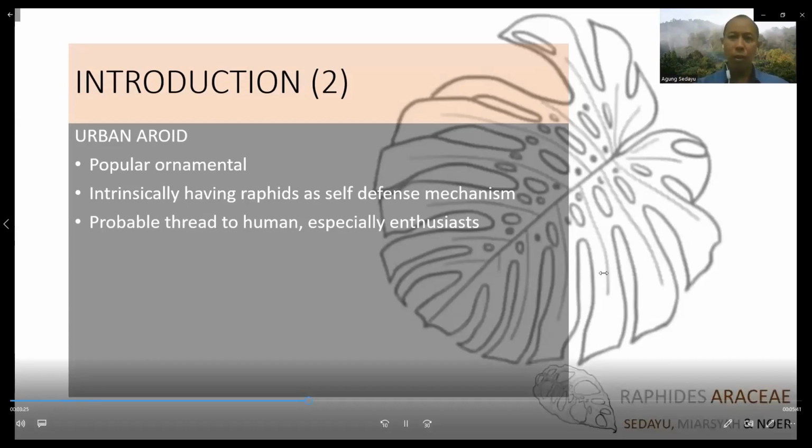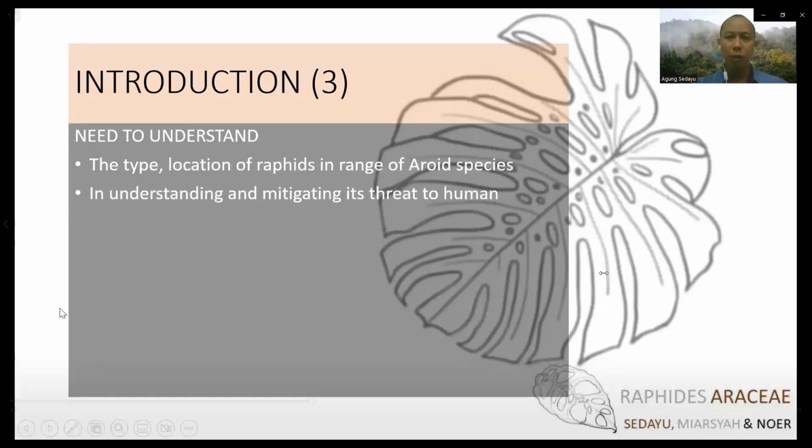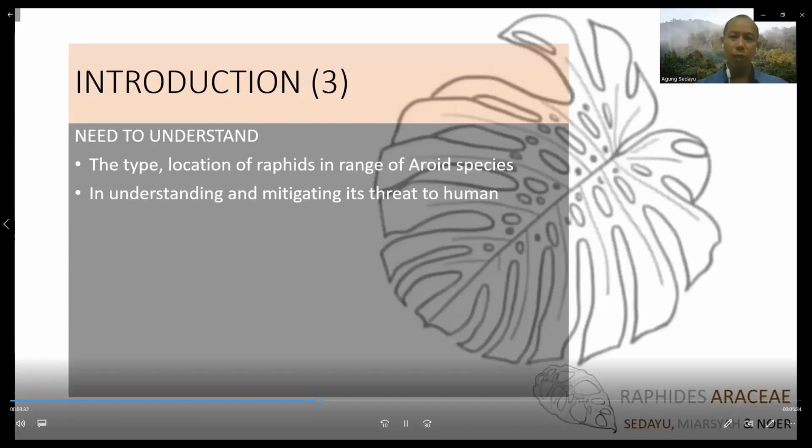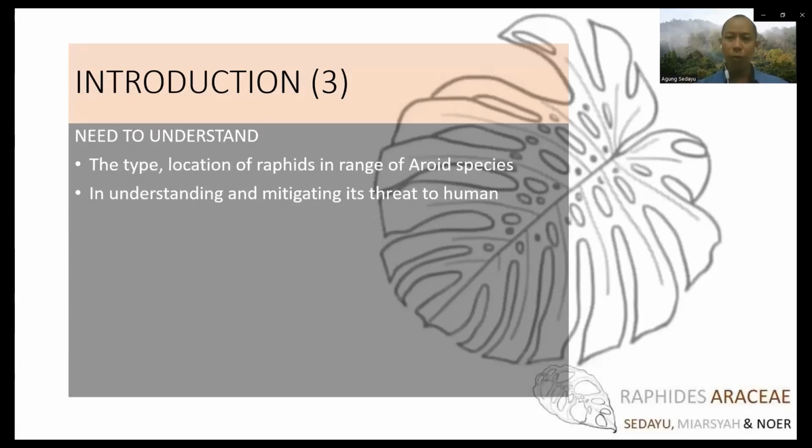So in this research, we try to mitigate the danger of aroids, because some people are very prone to health hazards because of these raphids inside the leaves or the stem or even the roots of the aroids.